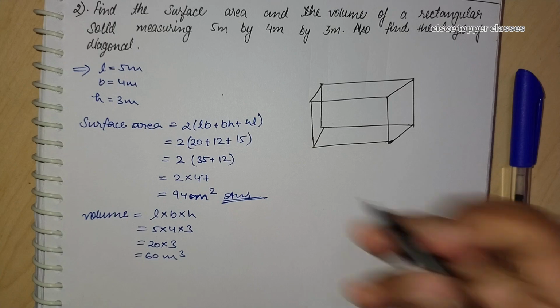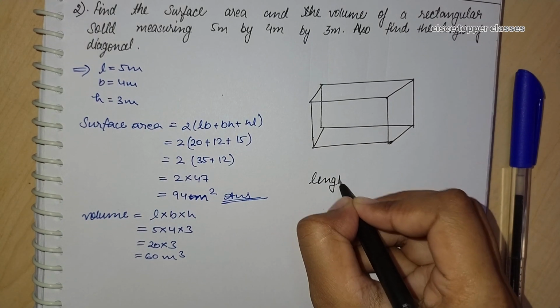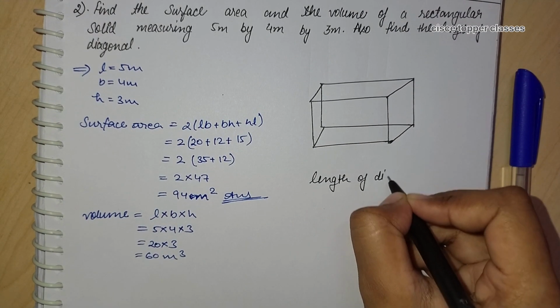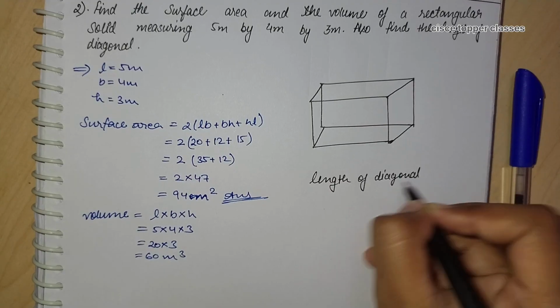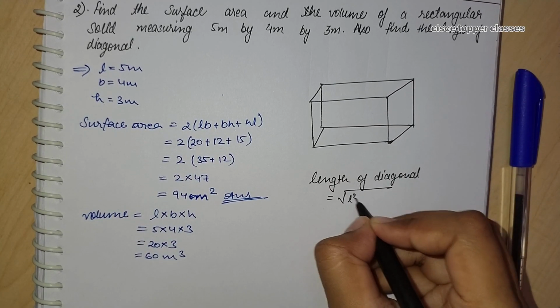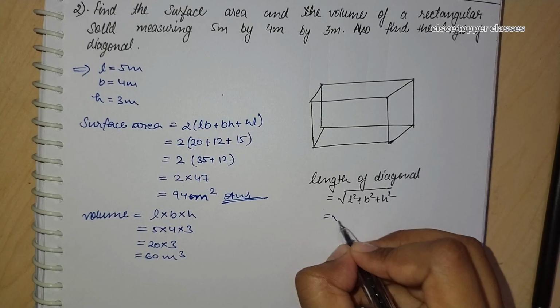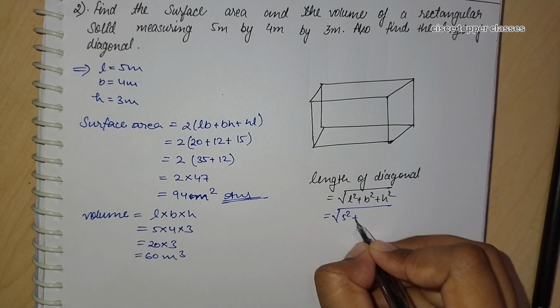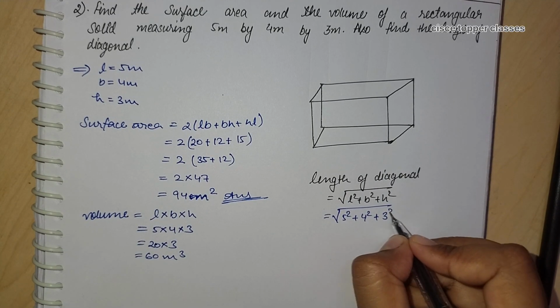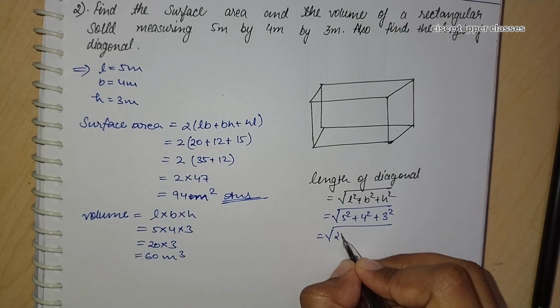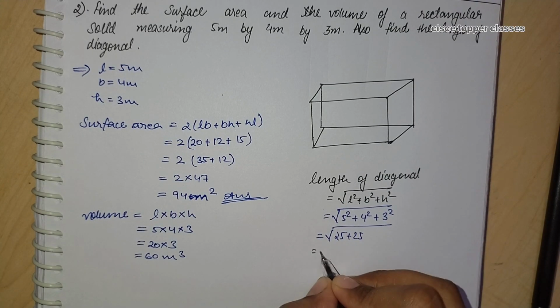Now if you want to find the length of diagonal, so length of diagonal will be under root L square plus breadth square plus height square. So this will be under root 5 square plus 4 square plus 3 square. So 25 plus 16 plus 9, under root 50.